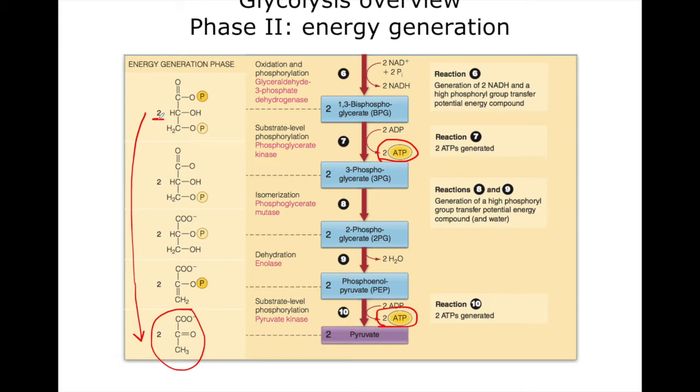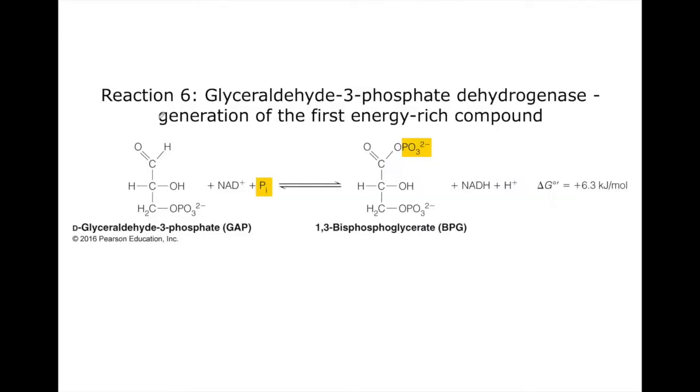So let's get started with step 6 of glycolysis, where we're going to take that glyceraldehyde 3-phosphate that was produced, and again, we generate 2 of these for every molecule of glucose, and we're going to convert the glyceraldehyde 3-phosphate into a molecule called 1,3-bisphosphoglycerate. So essentially, we're going to be adding a phosphate group onto this in order to convert it to our 1,3-bisphosphoglycerate.